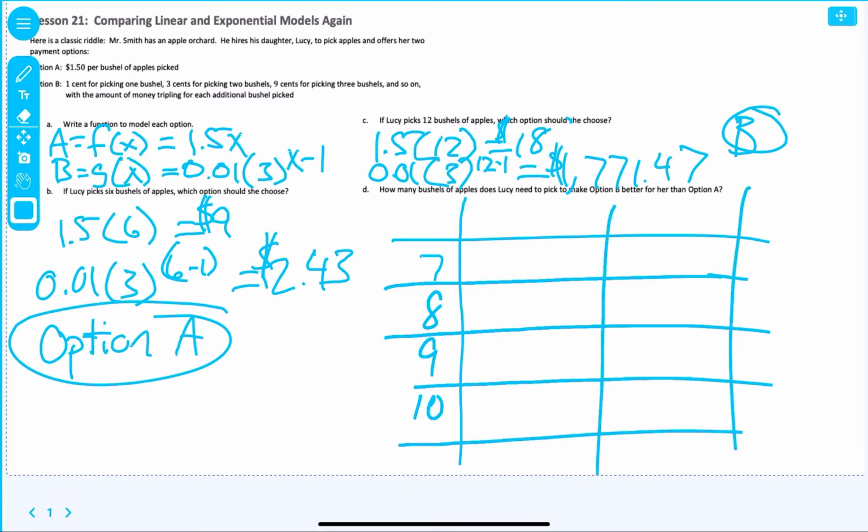If you knew how to do logs, in Algebra 2, you'll learn how to do this using logarithms. But y'all don't know that yet. And so if we plug those in, what are we going to have for 7? 7 would be 1950. 8 would be 21.